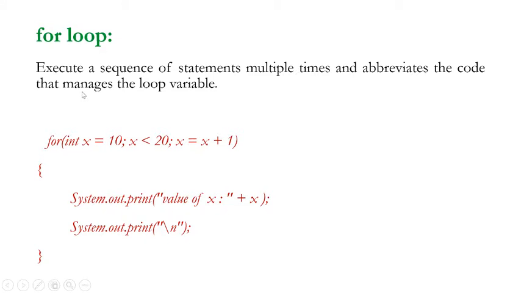But here in the for loop, you verify all the things in one line of code, where you define the initial point, the ending point and the condition. This is the condition and this is the statement which will be executed when this condition gets fulfilled. So this is all about the loops.